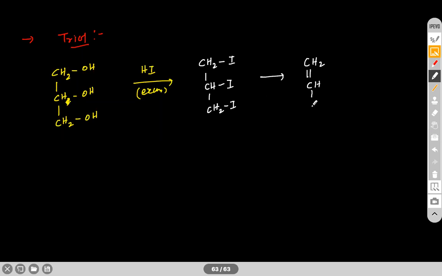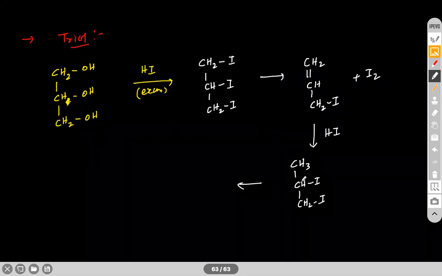It is the same reaction actually, plus I2, no doubt. But we have excess of HI. So this HI again reacts onto this double bond, the alkene. So this converts into CH3, CHI, CH2I.